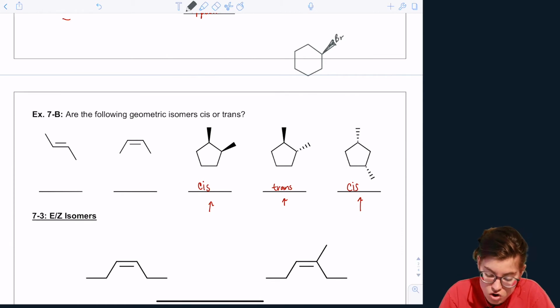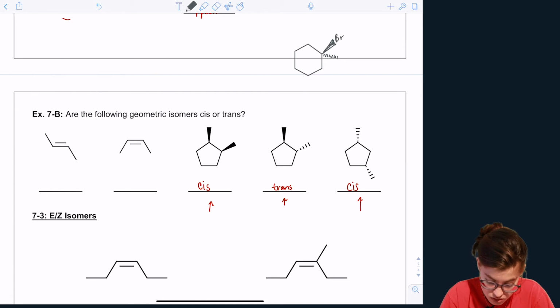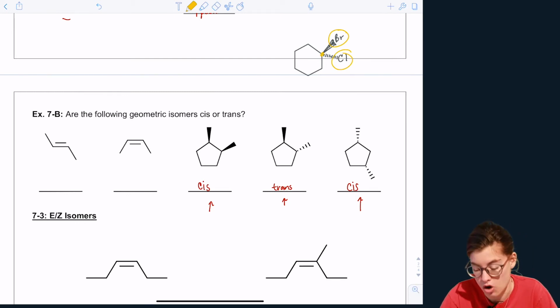Now, if this bromine is on a wedge, and I wanted to put another substituent on this carbon where the bromine is, it would have to be on the dash because that's the only bond left. So let me just say this is a chlorine, okay? So here on this ring, I do have two substituents. I have the bromine and I have the chlorine, but they are both bonded to the same carbon.